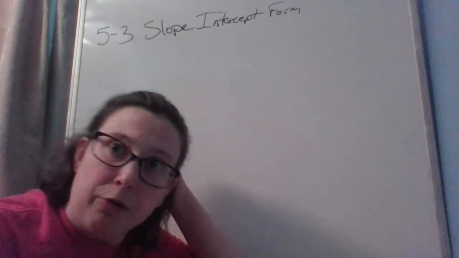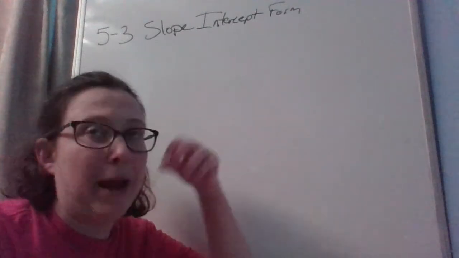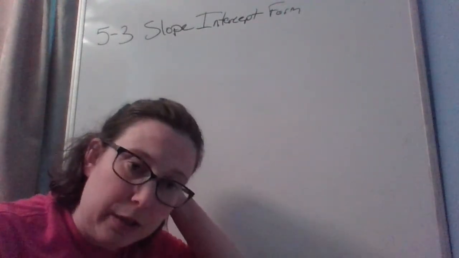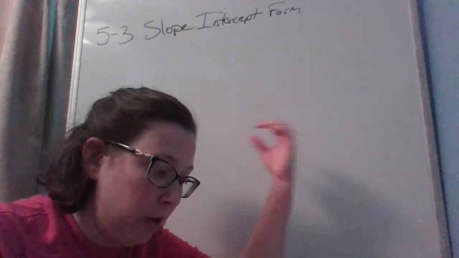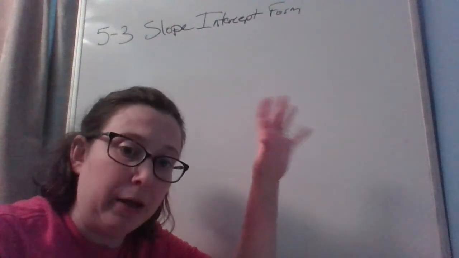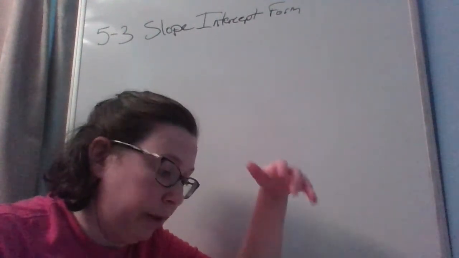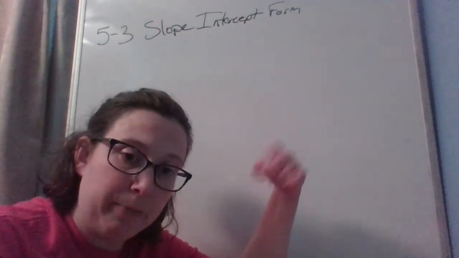All right, so our first vocab word is a parent function. A parent function is the simplest form of a function. So there are different groups of functions, and the simplest form in each group is called the parent function. The linear parent function, or the simplest form for a linear function, is simply y equals x.